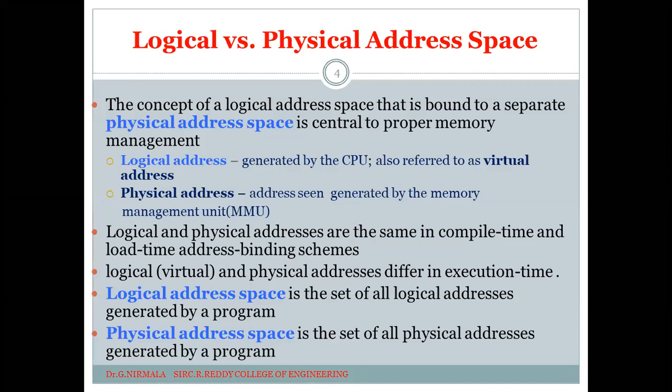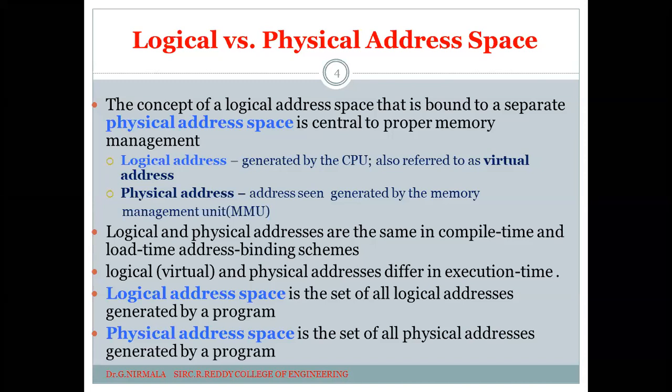Now, we should define the two addresses here in case of memory management. Here, logical versus physical address space. Logical address and physical address. Logical address, an address generated by the CPU.